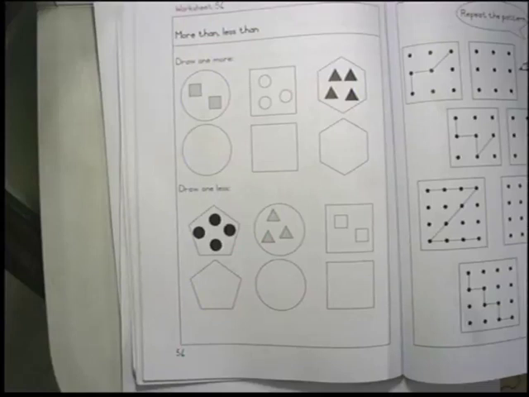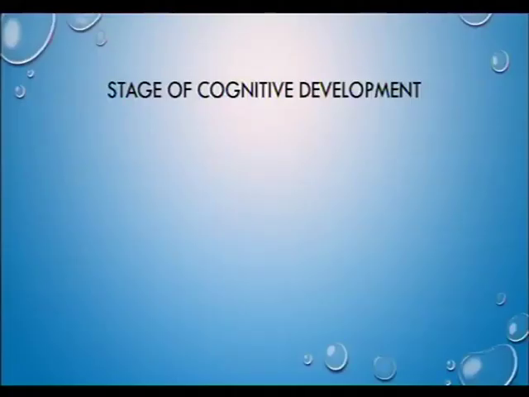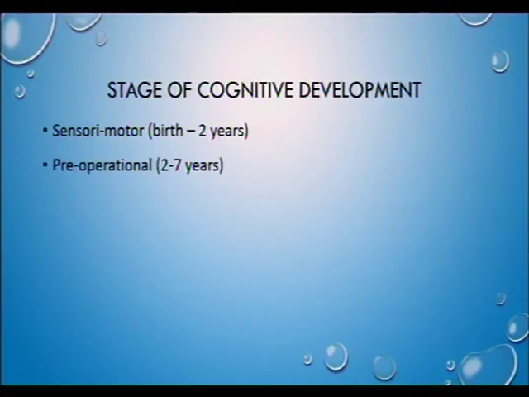What are the stages of cognitive development according to Piaget? The first stage is the sensorimotor stage, that is from birth to 2 years. The second stage is the pre-operational stage, the ages between 2 and 7 years.